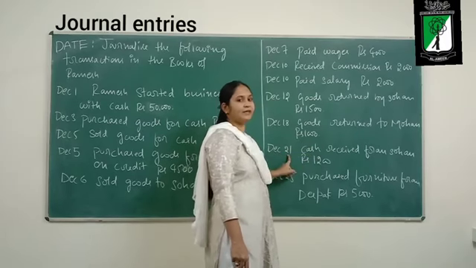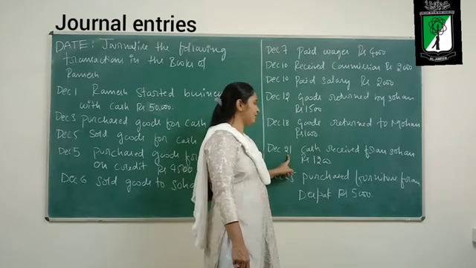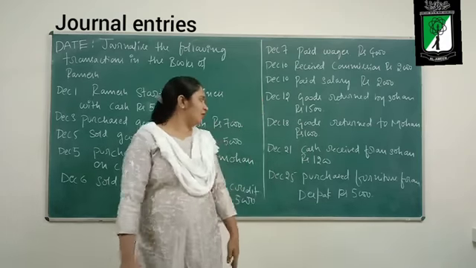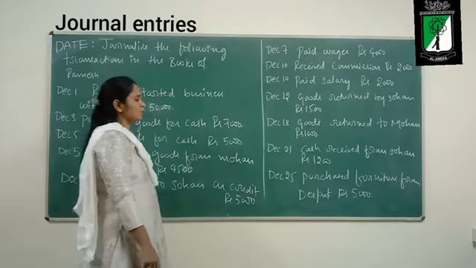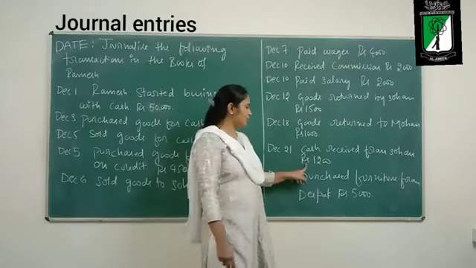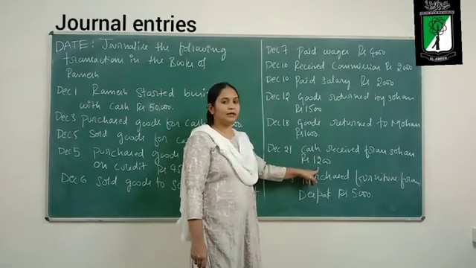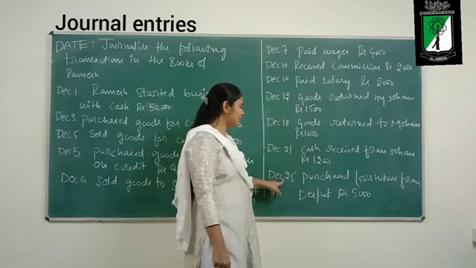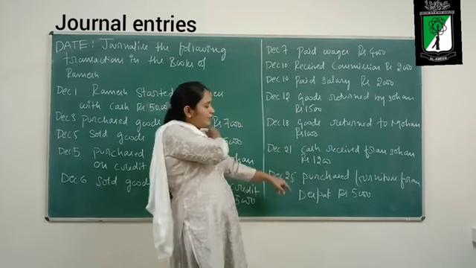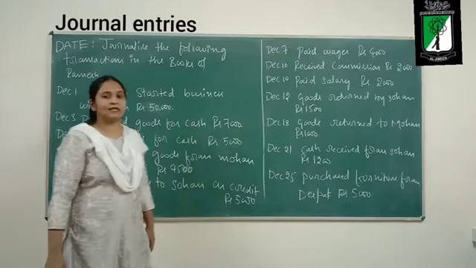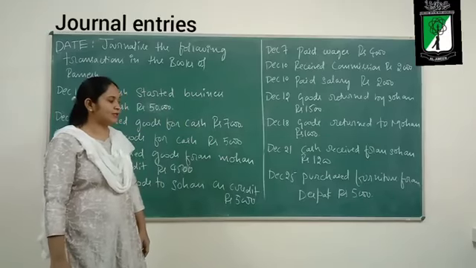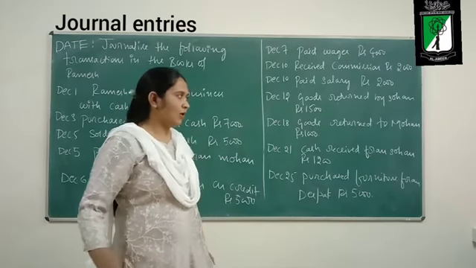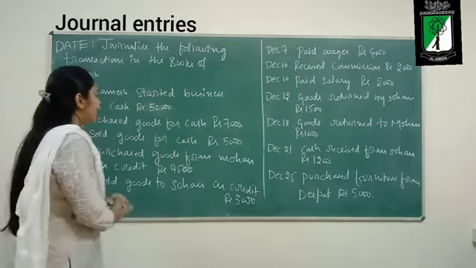Next, December 21st, cash received from Sohan rupees 1,200. Next, December 25th, purchased furniture from Deepak, rupees 5,000.